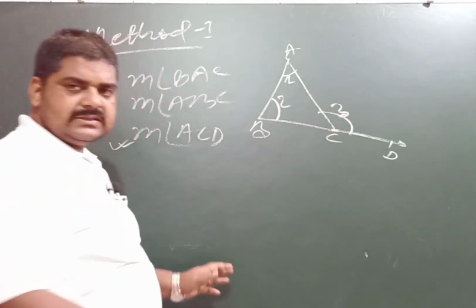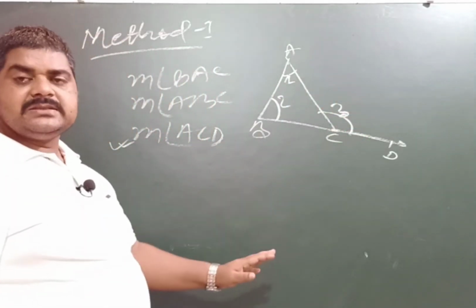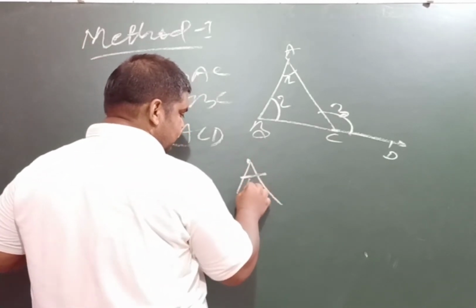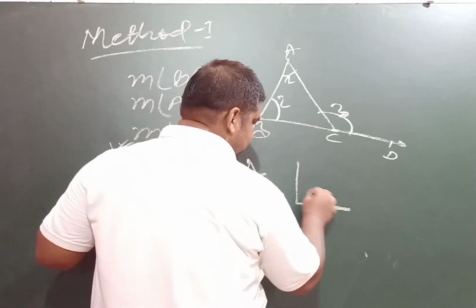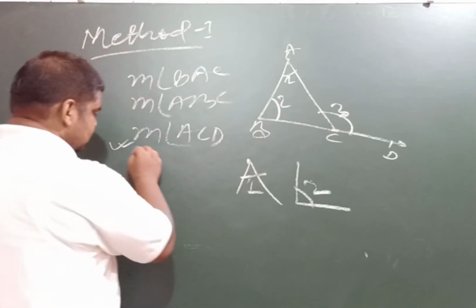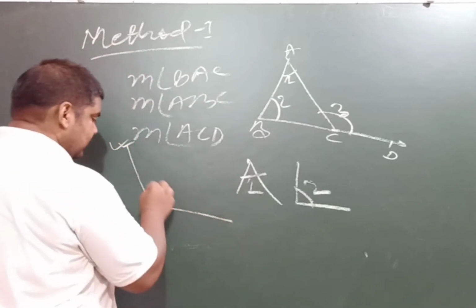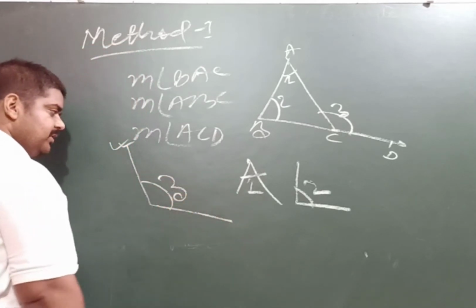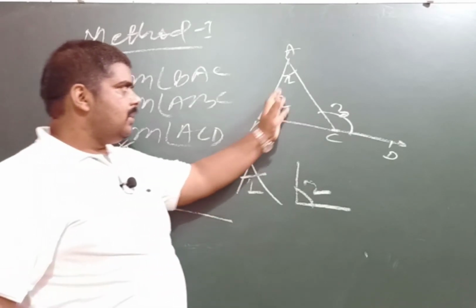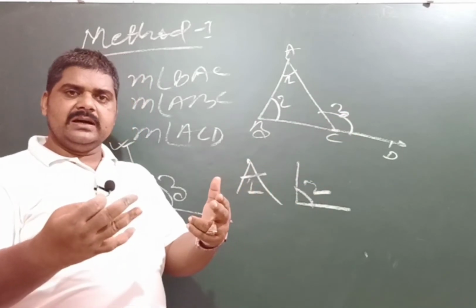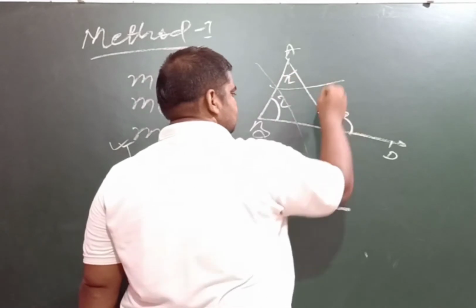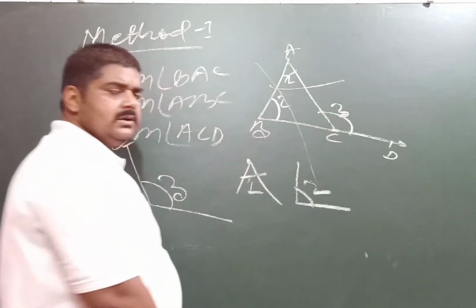You have to separate all these three angles: angle 1, then angle 2, and then this third angle. This is the exterior angle, and after separating all three angles with the help of scissors, you have to separate them.